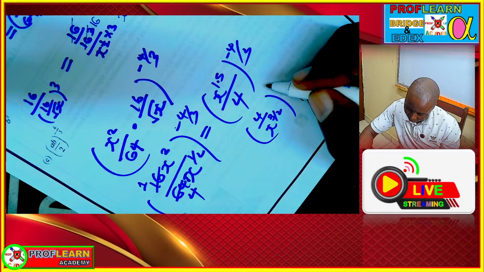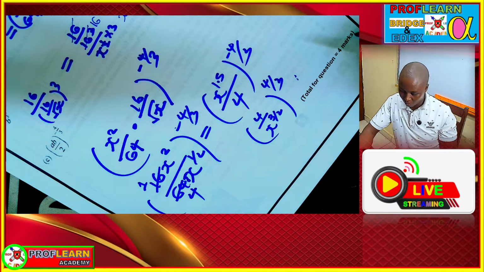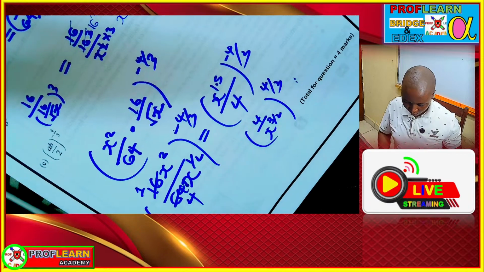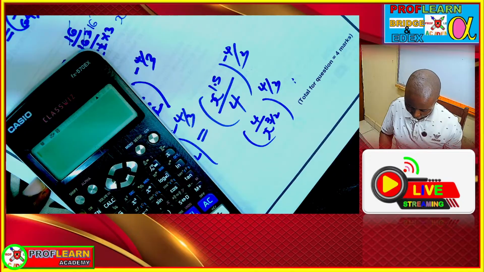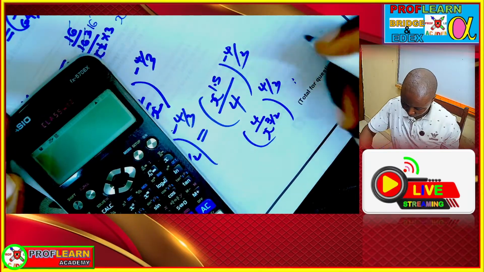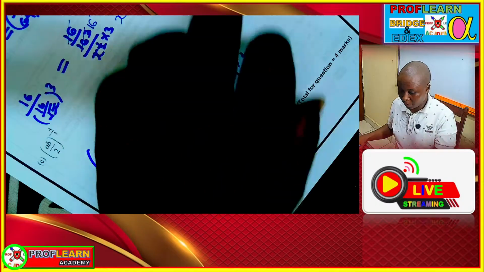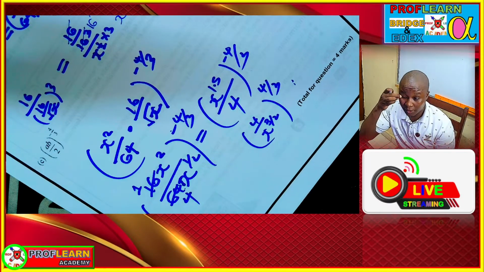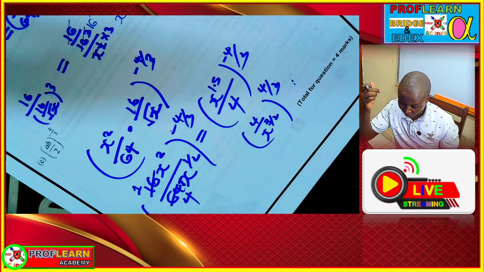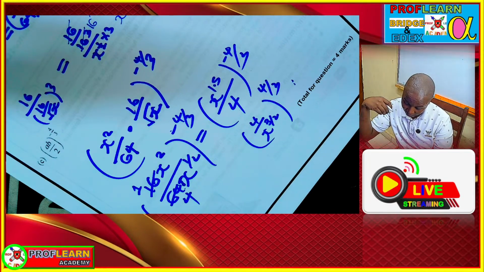Then we shall have 4 over 3, of course, 4 over 3 raised to power 4, 4 raised to power 4 over 3. We can simplify that as, so how can we simplify this?